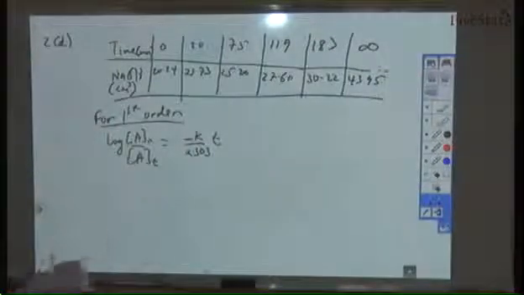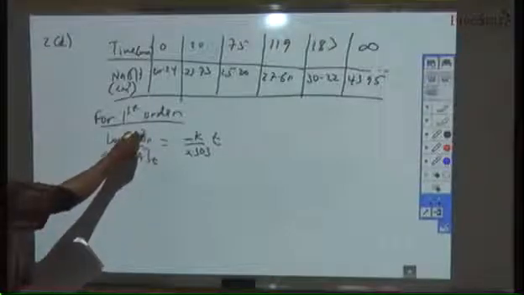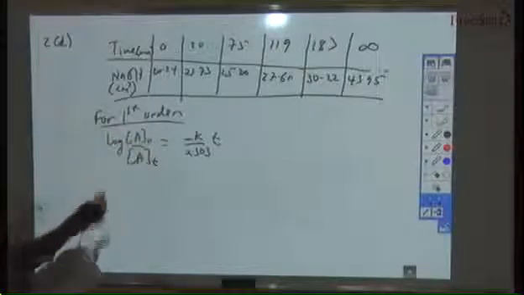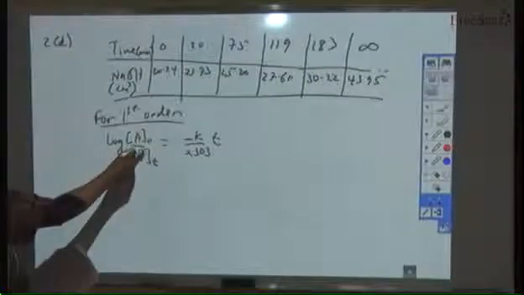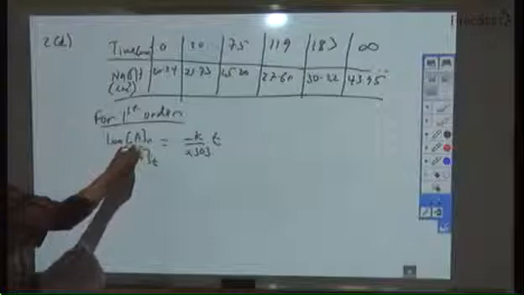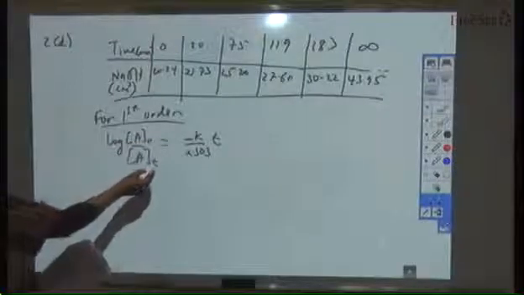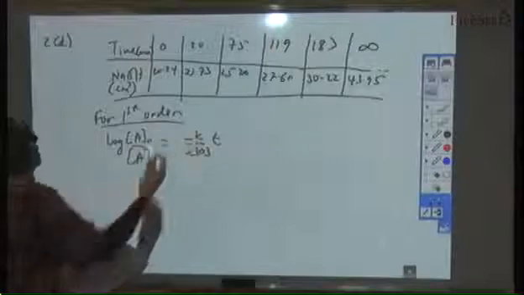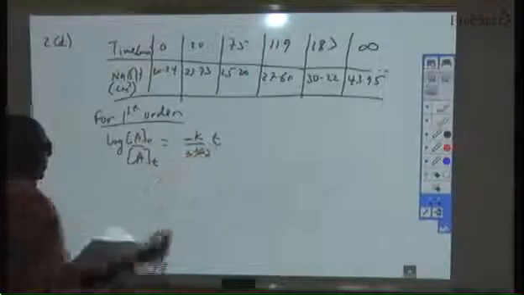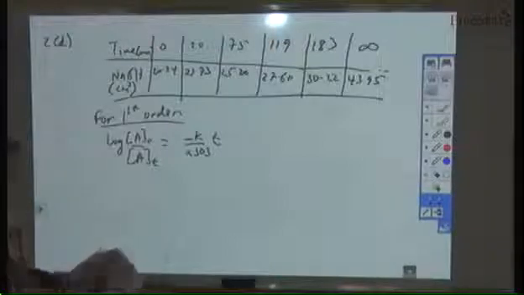Here one term represents the initial concentration of the reactant, and the other represents the reactant remaining in the reaction mixture after time t, where K is the rate constant and t is the time. So we are supposed to calculate the rate constant.